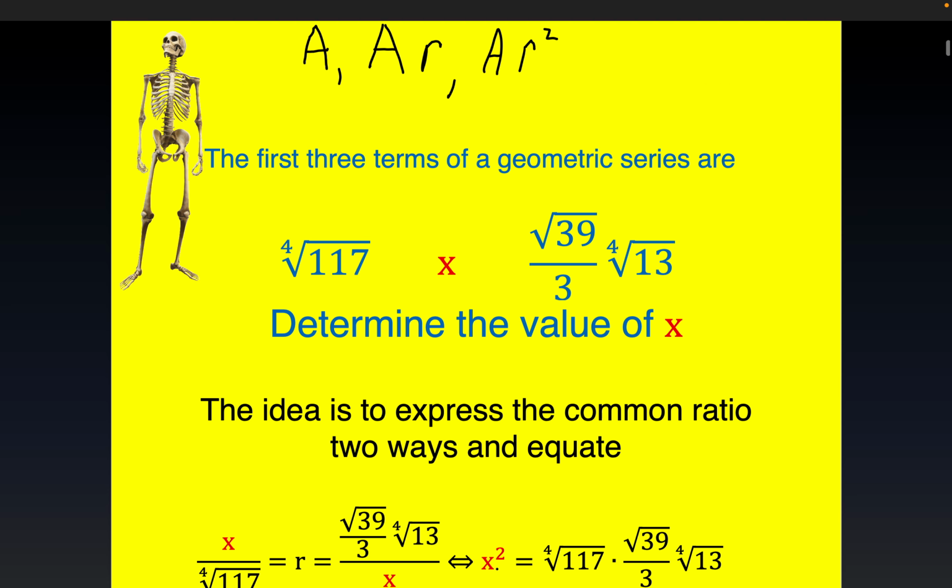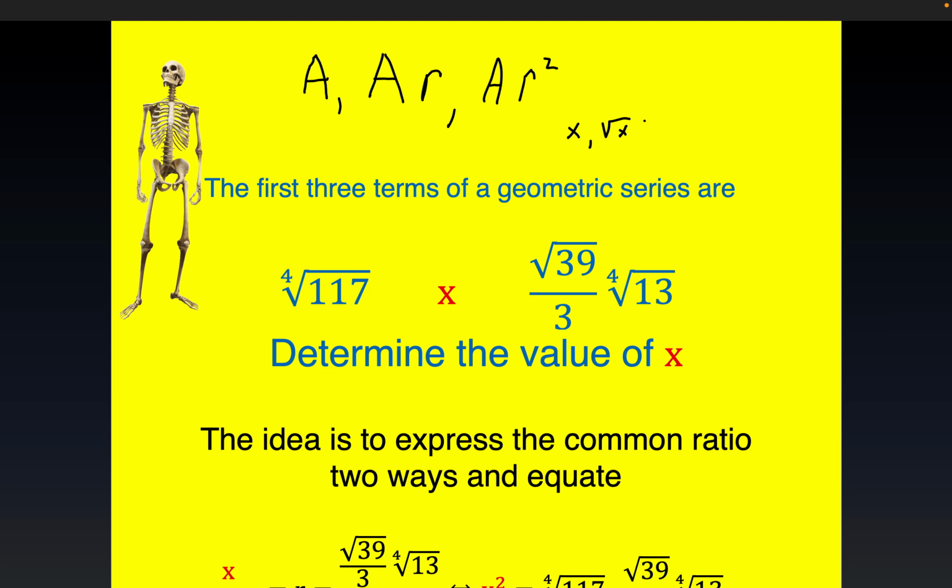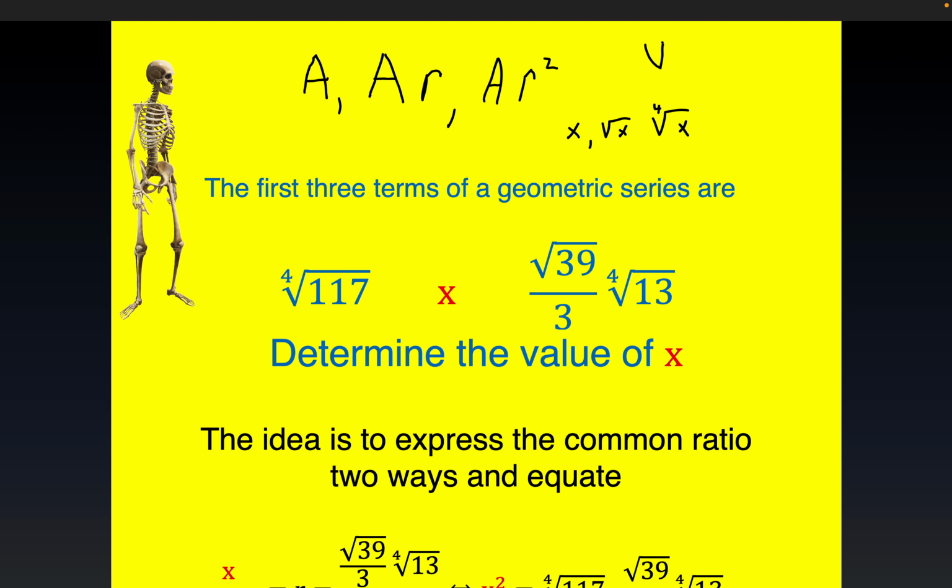Let me say one more thing. Notice if you have x, you have the square root of x, and then the fourth root of x, and so on. Another way of saying the fourth root of x would just be to say the square root of the square root of x.